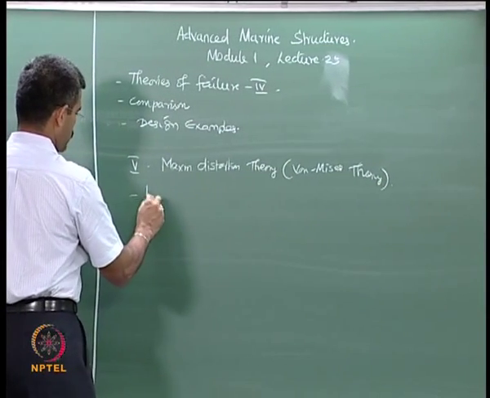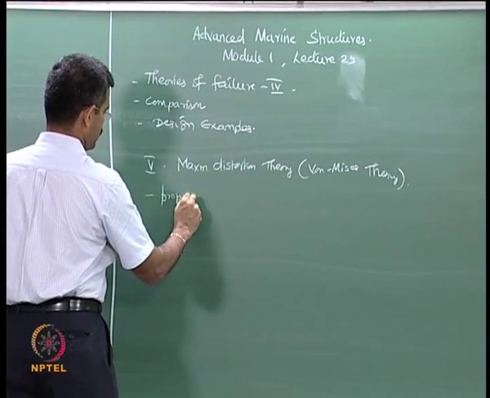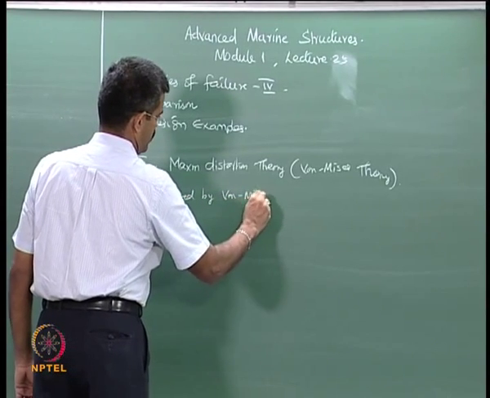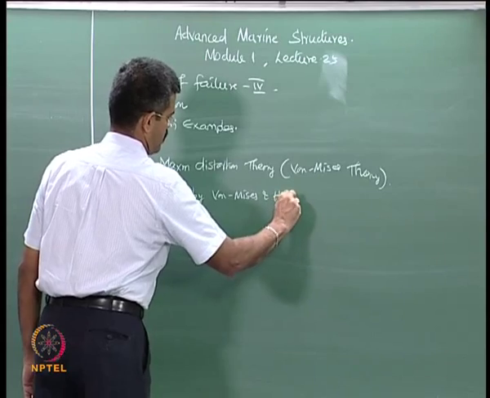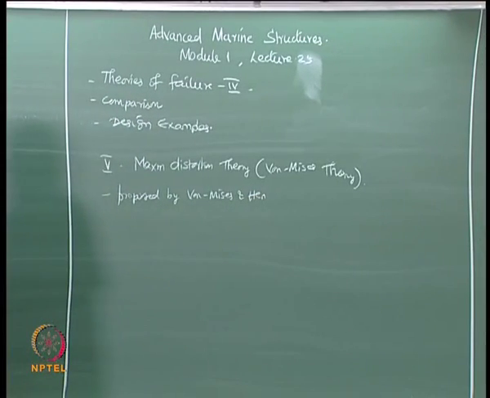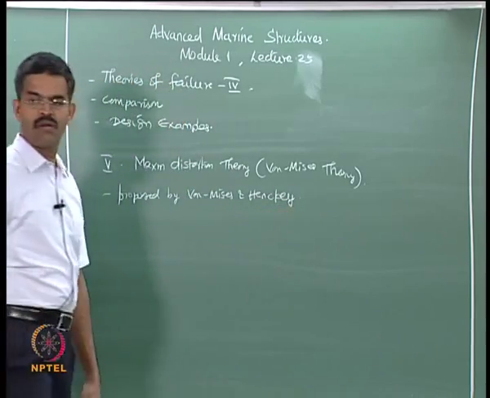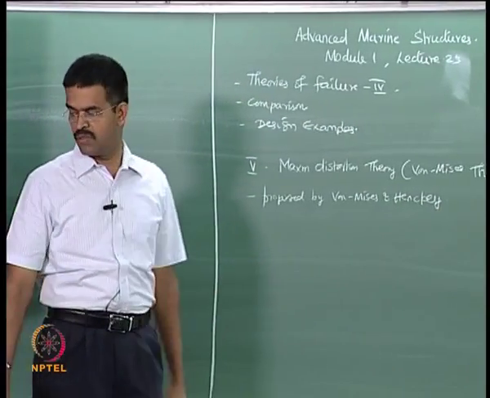This theory was proposed by von Mises and Henke, as we saw yesterday. The statement of the theory is already given in the last lecture, we will not repeat it here, we will straight away go to the equation.